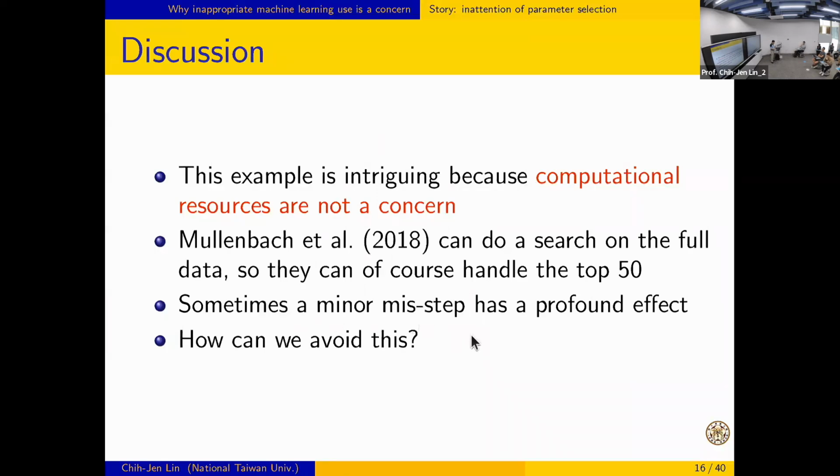So what we can see here is a very minor misstep, but it can have a profound effect. So we need to be very careful. But as a package designer, what I'm thinking is, can we have any way to avoid this? Of course, one solution is to always do hyperparameter selection to enforce users to do that.